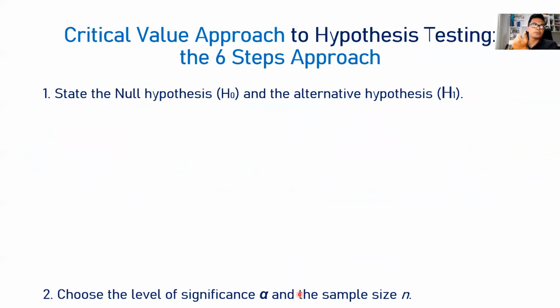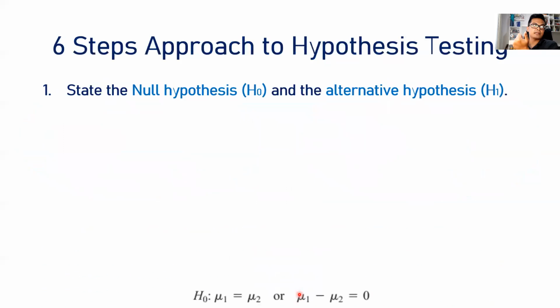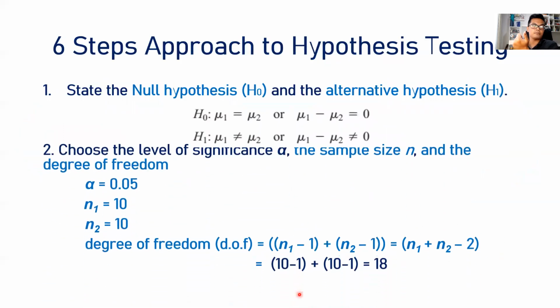So here we can state that the level of significance is 0.05. The sample size of both sample 1 and sample 2 is 10, and then the number of degrees of freedom is calculated using this formula: n1 minus 1 plus n2 minus 1, which is 10 minus 1 plus 10 minus 1, which equals 18.